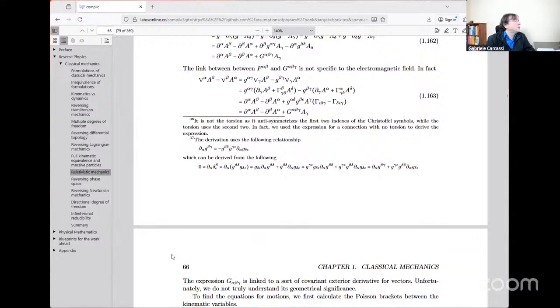And a question from the chat: should we think of G as the matrix analog of the EM field tensor? I'd like to think so, but I don't know what exactly it means. As I said, I would like to think of it as the inertial forces, but I have no reason to say that that's the case.